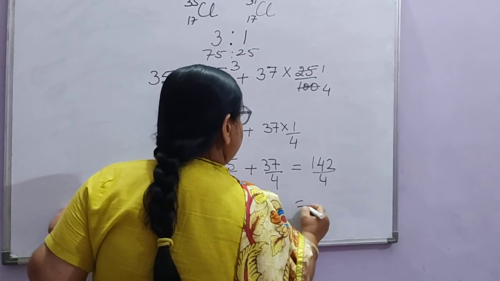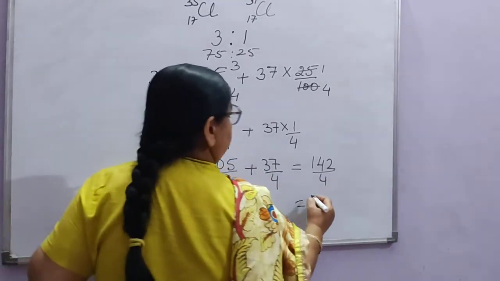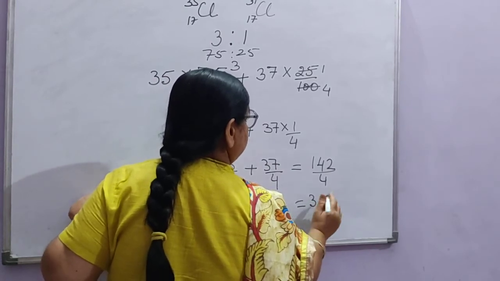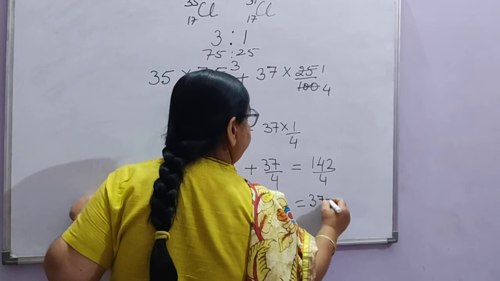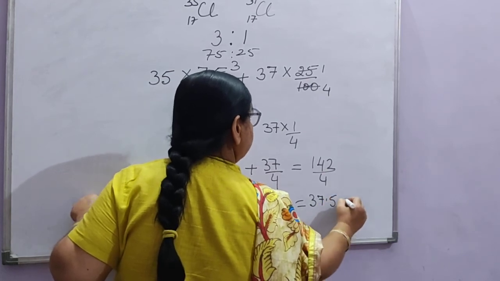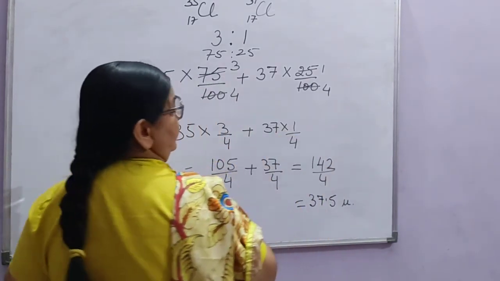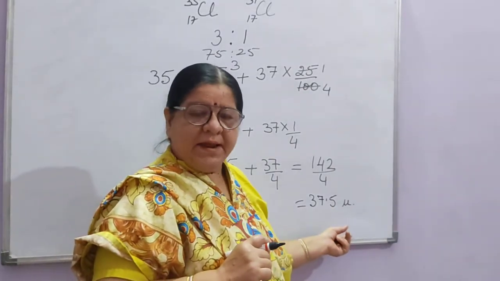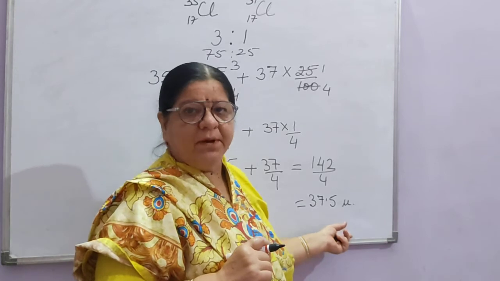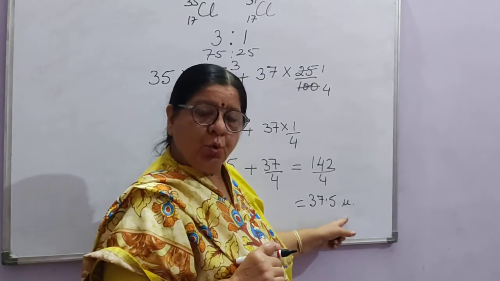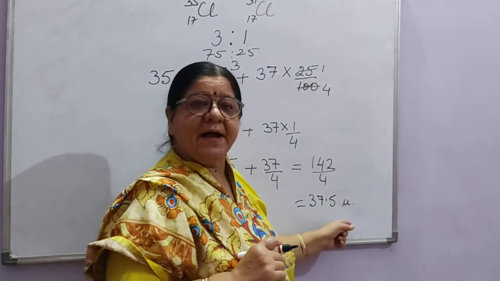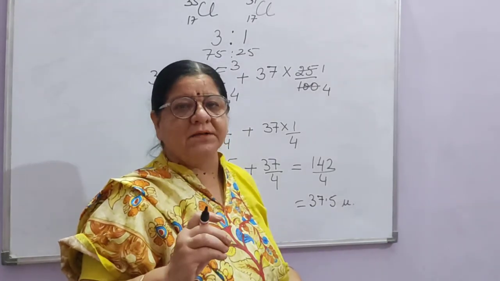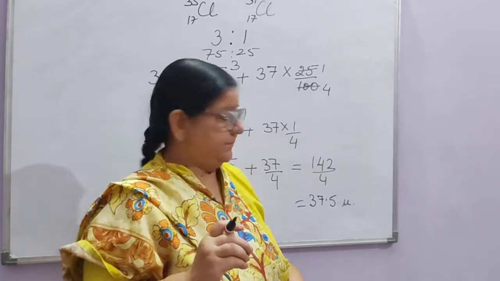So this will be equal to 37.5 U. U is the atomic mass unit. Whenever we have to find the mass number, we write the unit as U.